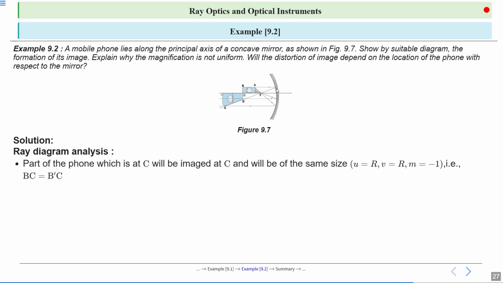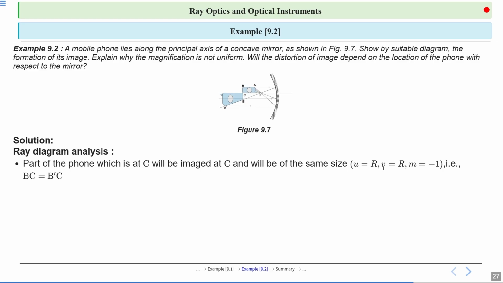Take the part of the phone which is at C. We know that when an object is placed at C in a concave mirror, the image formed will be of the same size. So the part of the phone at C will be imaged at C only, and will be of the same size.